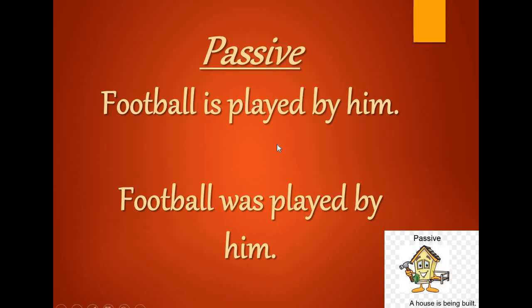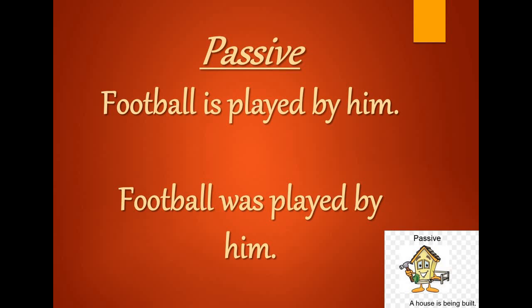When I said he plays football, in the passive form, I just put it as: football is played by him. When I said he played football, I put it in the passive form as: football was played by him. Do you understand anything until now?